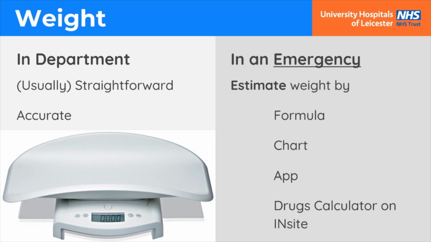However, it's not always straightforward, and in an emergency, we often estimate the patient's weight either by using formula from APLS and the Advanced Life Support Group, plotting them on charts, or using various paediatric emergency apps. And we can talk more about that sort of thing face to face. We also have a drugs calculator that can be found on the Paediatric ED pages of Insight, which calculates lots of useful drugs for you.